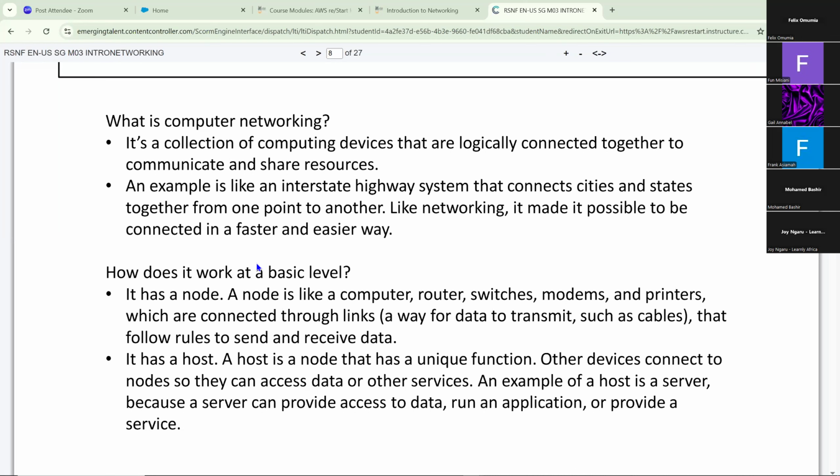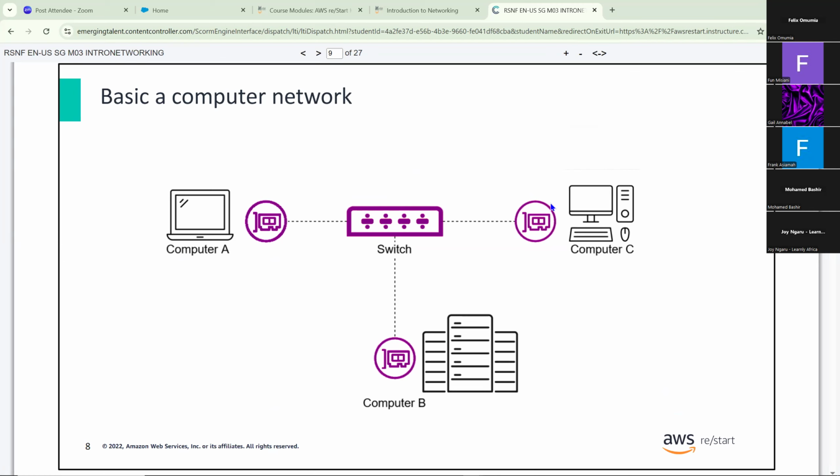This is the icon for the network interface card, this one and this one. Each one of them has that. And that is what makes it possible for these three devices to communicate with each other.